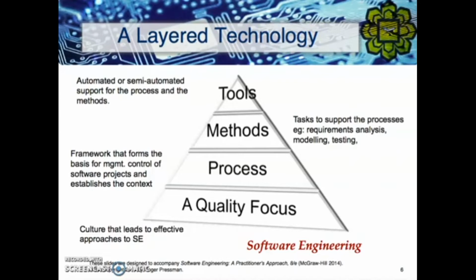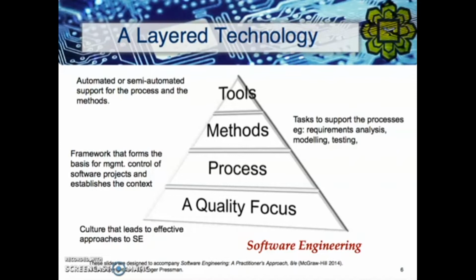And having the quality focus in mind, it has to be based on a proper process, methods, and tools. So process, methods, and tools are all technologies that are required to develop software. For example, when we talk about process, it refers to a proper framework. We define a framework that helps us to control the projects properly, right, and establishes the context.